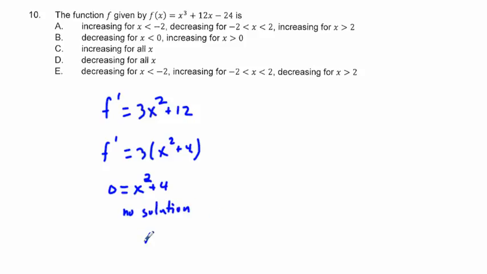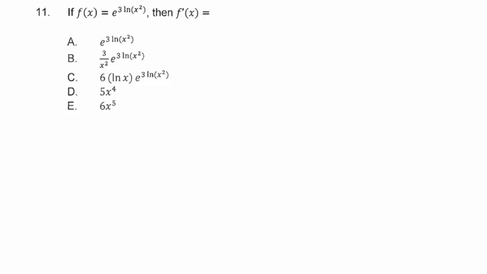And also x would have to be greater than or equal to 2, or less than or equal to -2. But in any case, this thing is always going to be positive, so we're going to be increasing for all x. So C is our correct answer here.